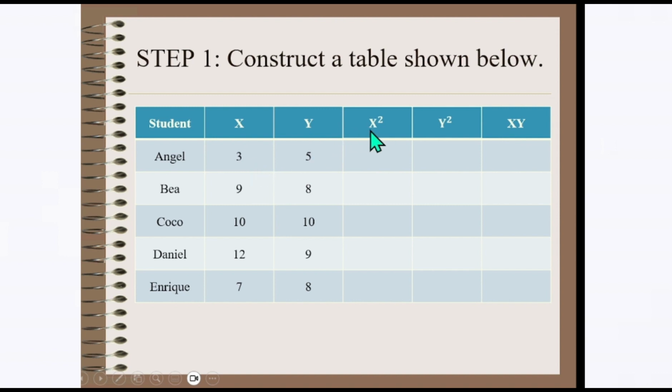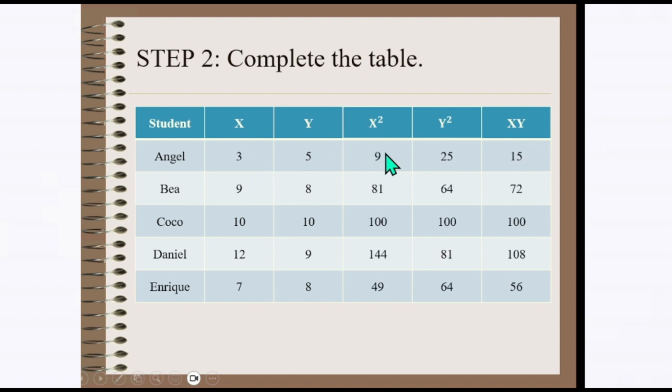X squared: 3 times 3 is 9, 9 times 9 is 81, 10 times 10 is 100, 12 times 12 is 144, 7 times 7 is 49. For Y squared: 5 times 5 is 25, 8 times 8 is 64, 10 times 10 is 100, then 9 times 9 is 81, 8 times 8 is 64.